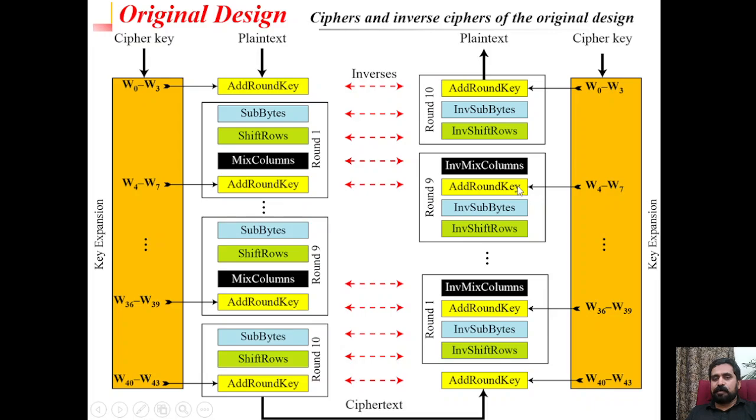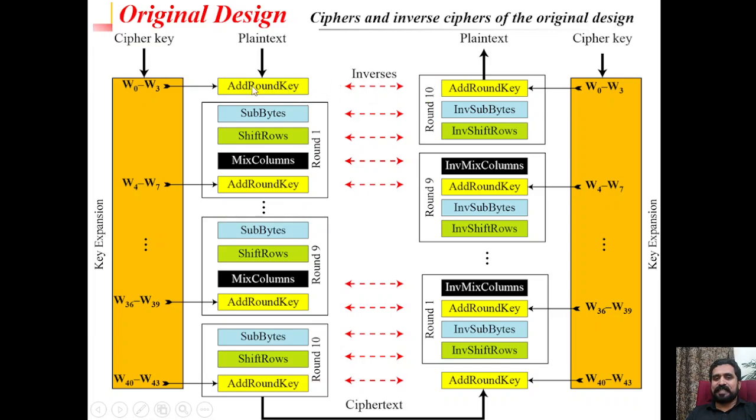Similarly, in the decryption algorithm, at first we take the reverse order of W40 to W43 using the first add round key pre-round transformation, and we move inversely to round 10. In the previous slide we discussed that here the operations are not similar, the inverse operations are not similar.